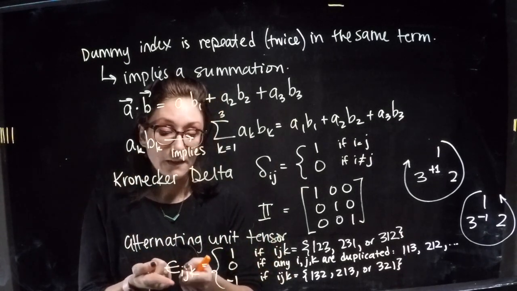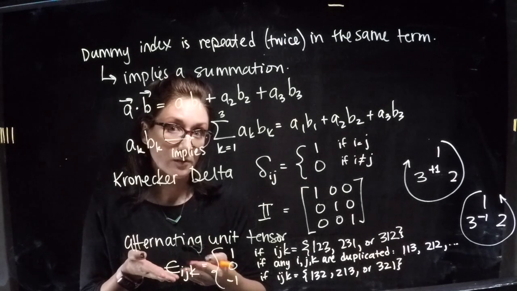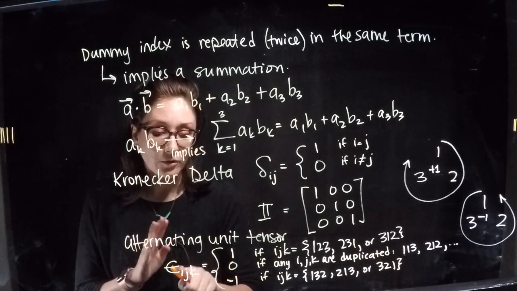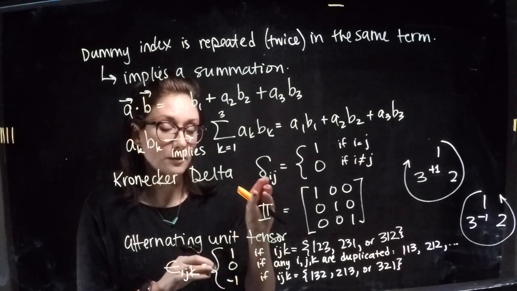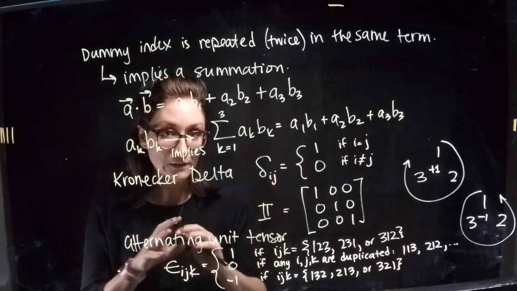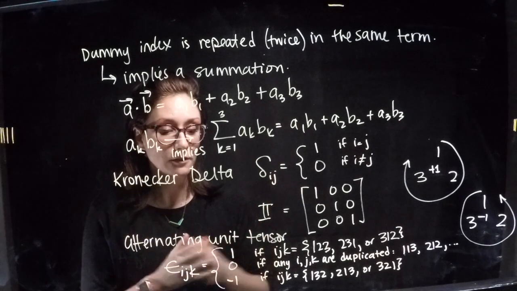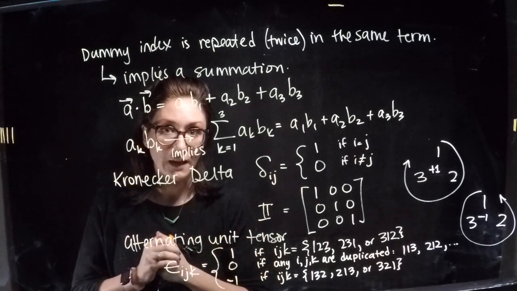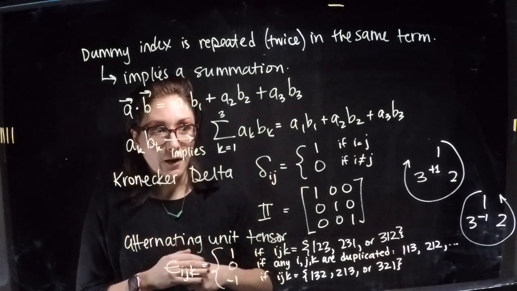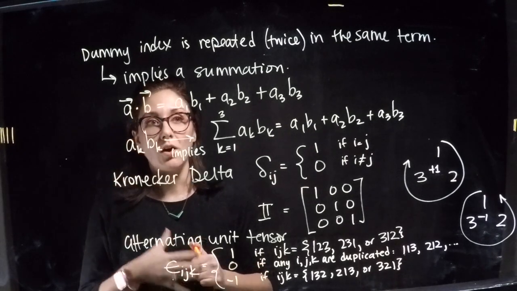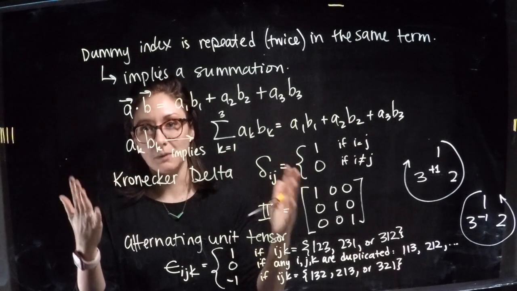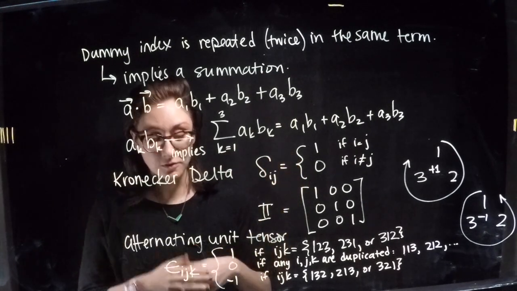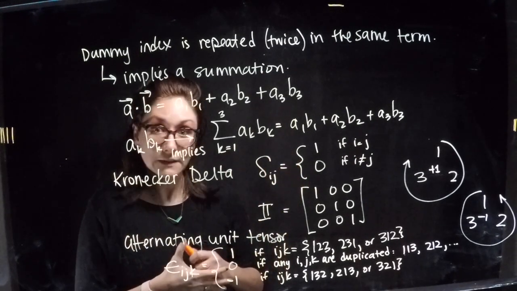So epsilon ijk, epsilon itself is a rank 3 tensor, but for every epsilon ijk, we're just referring to one individual component. So one of the 27 pieces that make up the whole tensor, we're just referring to one at a time. So basically, when we're looking at index notation, all we're talking about is the scalar pieces that make up higher dimensional mathematical structures. All right, and that makes things really simple for the math.